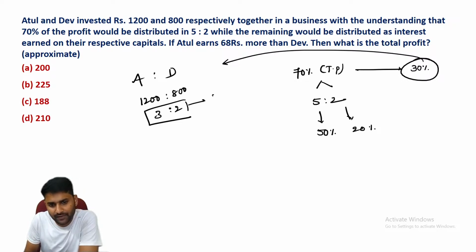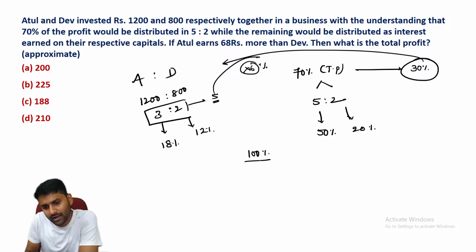Now see, the total is 5 units, A will get 3, D will get 2. 5 becomes 30, each is multiplied by 6%. Here, Atul gets 18%, Dev gets 12%. If you observe the overall 100% distribution between Atul and Dev, Atul will get 68% and Dev will get 32%.